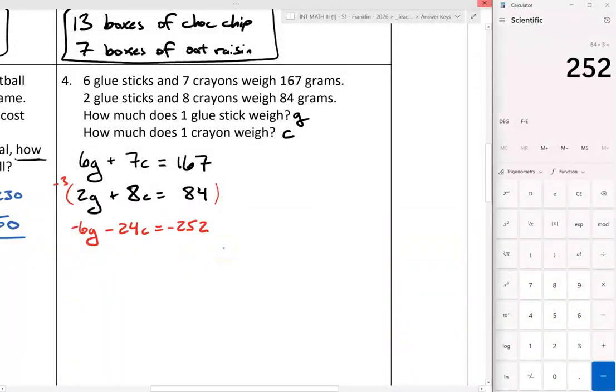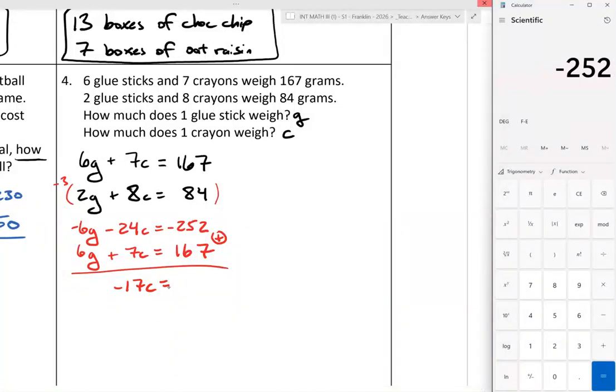I want to add that together with my first equation, which is 6G plus 7C equals 167. And I'll just bring that down so it's easier to see what I'm adding together. Okay, the G's cancel. I've got negative 17C and then negative 252 plus 167. Anytime you don't feel like doing an addition problem like this in your head, use a calculator. It's a lot faster. Equals negative 85.